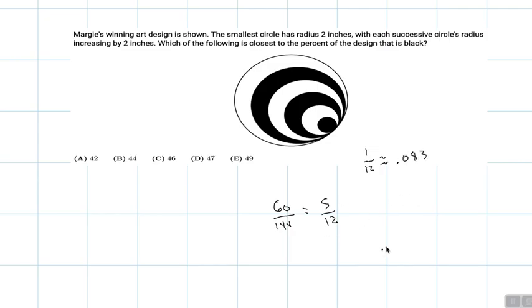And so if we do 0.083 times 5, that's 0.415, and this 7 will bring us closer to the 42. So which is closest to the percent design that is black? This is going to be closest to 42, choice A.